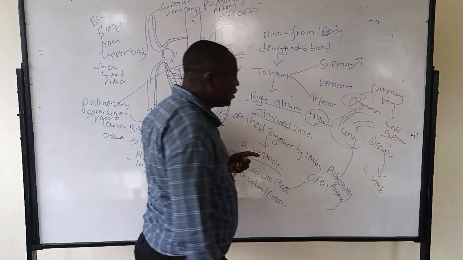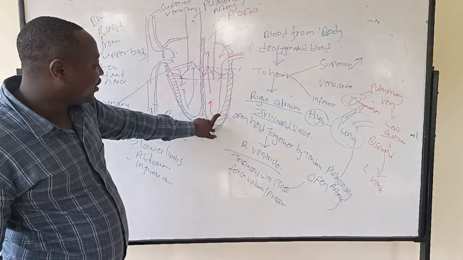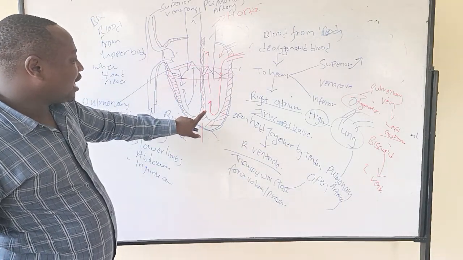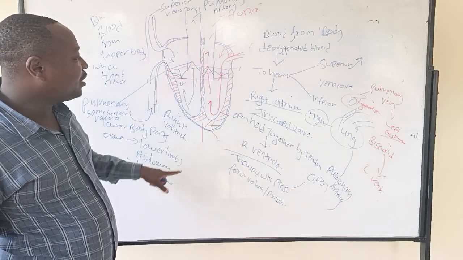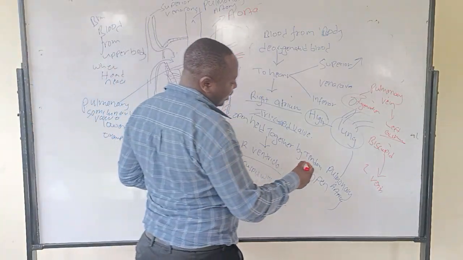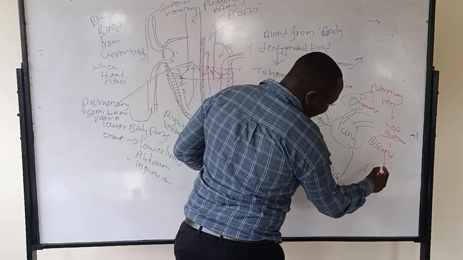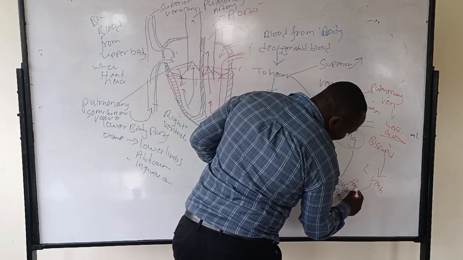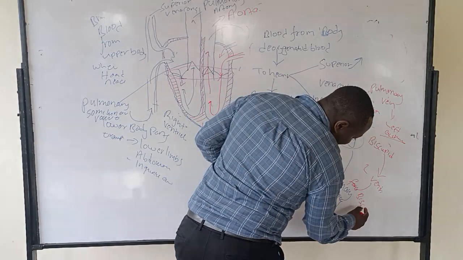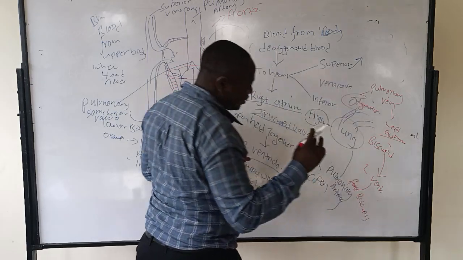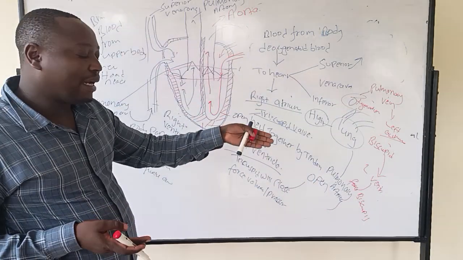And remember now, the left ventricle has a very thick muscle. So what will happen is that this thick muscle will force the bicuspid valve to close because it's a one-way valve.